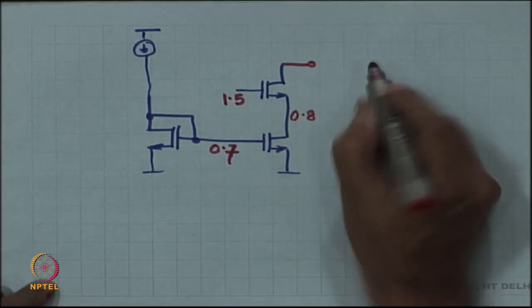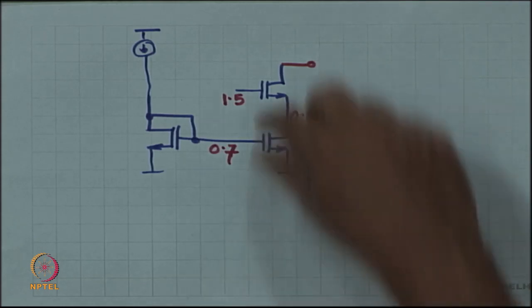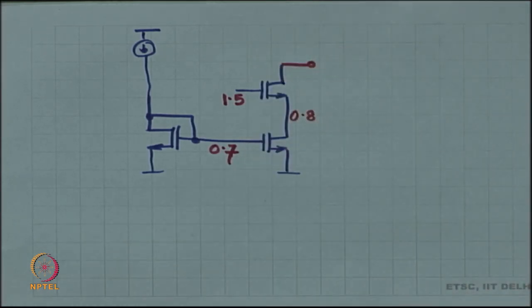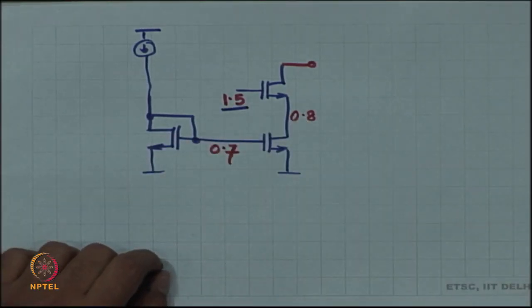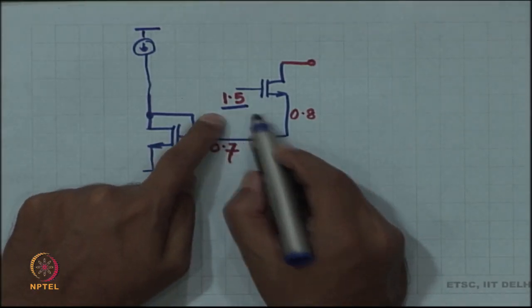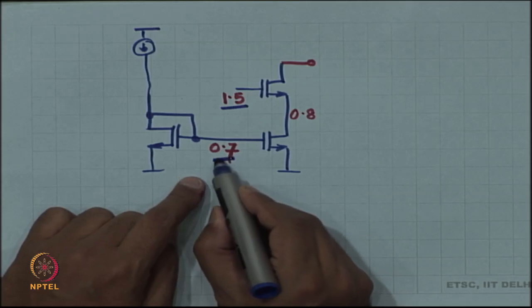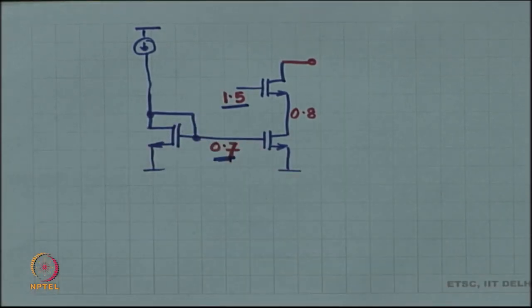Now, what is the least possible voltage at the output such that both of these devices are maintained in saturation? I have fixed this at 1.5. As soon as I fix this at 1.5, by the way, this is 0.7, this is also 0.7.